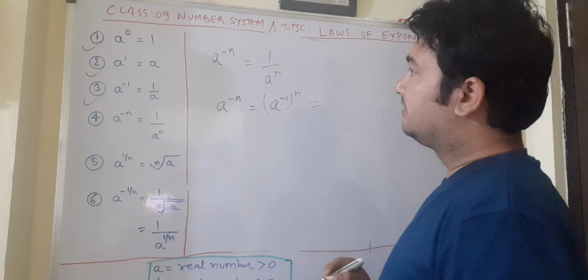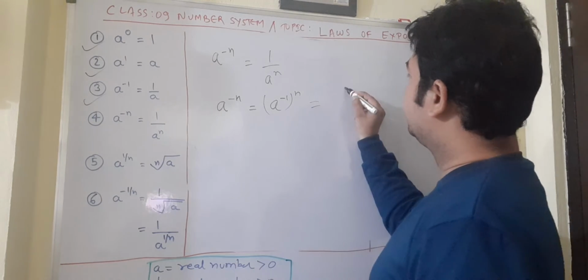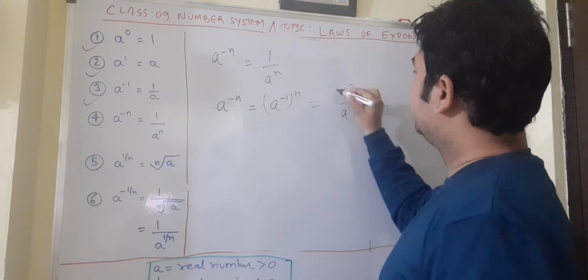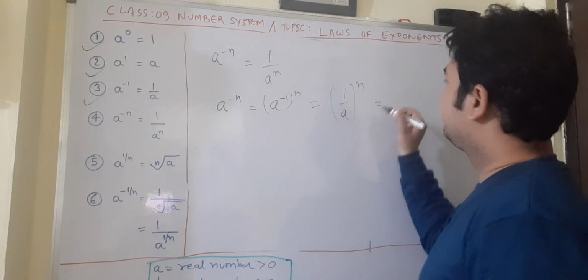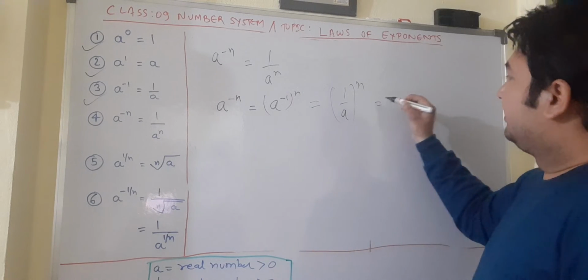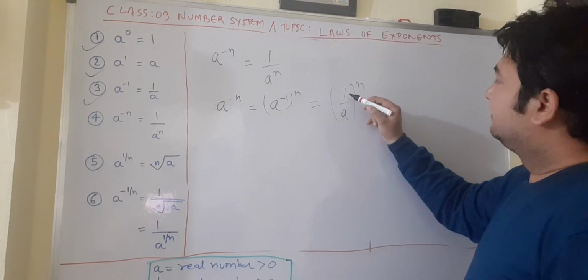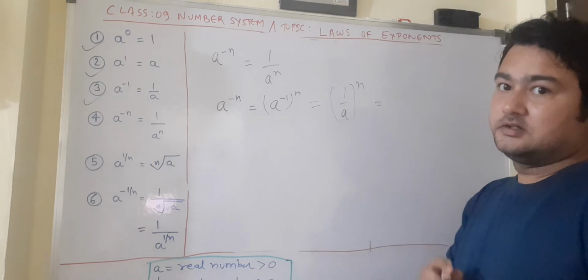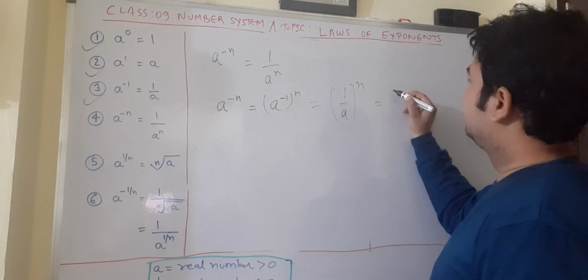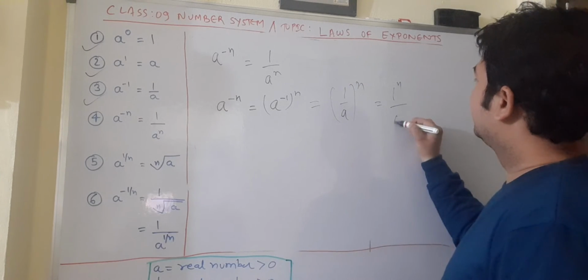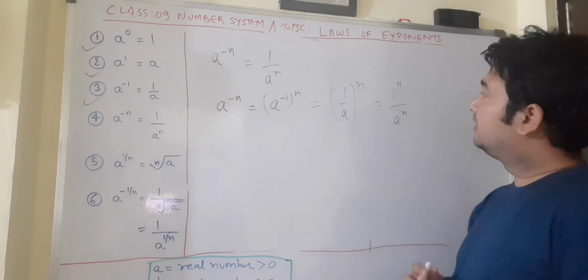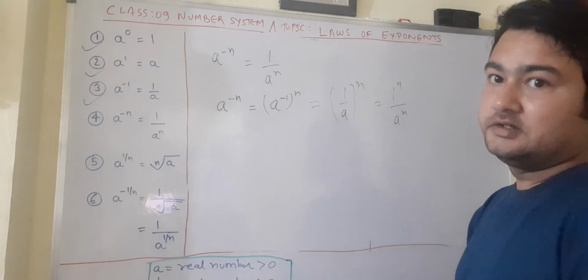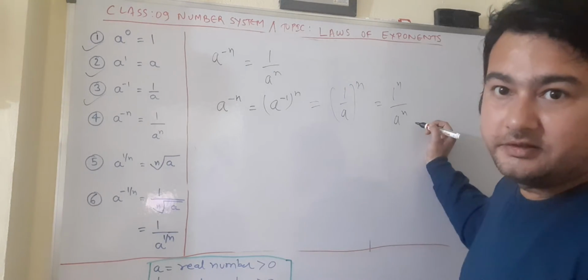A to the power minus 1, we have just studied, it is 1 by a. And we have also studied that if we have two numbers and the exponent is in common, it becomes like this, 1 raised to the power n divided by a raised to the power n.